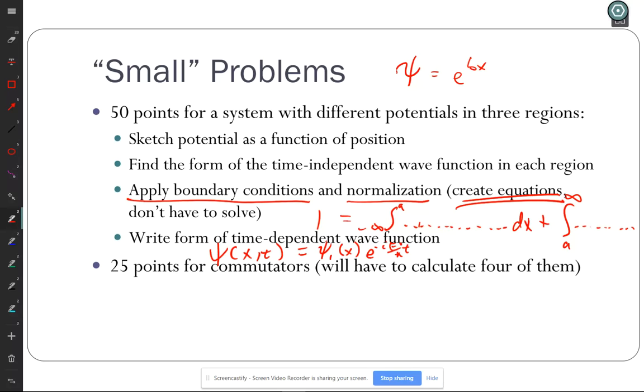They involve things like X, P, H, the actual operators that we use. So those are the small problems we're doing. So you have the knowledge questions, and then you have these problems. Any questions about the test before we shift to looking at problem 4?